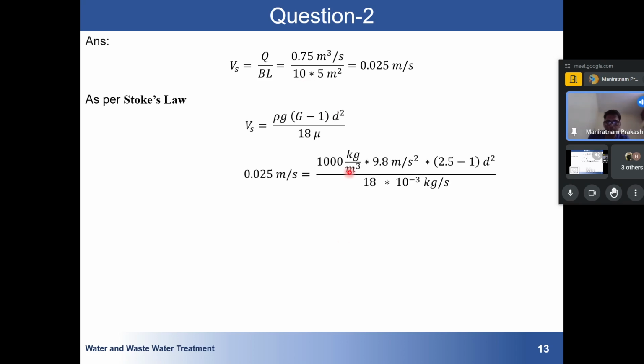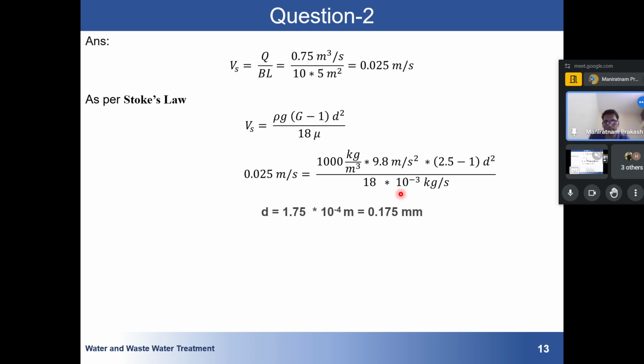For me also, whenever I see this formula I remember that it is something like g minus 1 d square. If you have forgotten whether it is d or d square, just substitute the units, and for substituting units you must know the unit first.